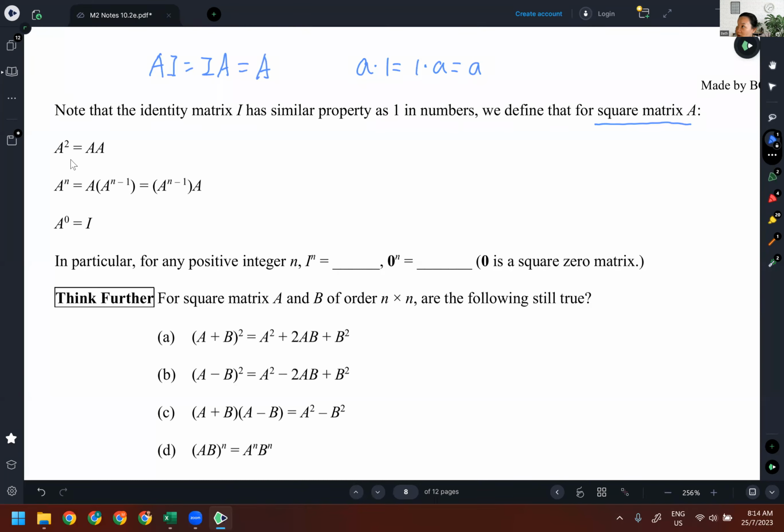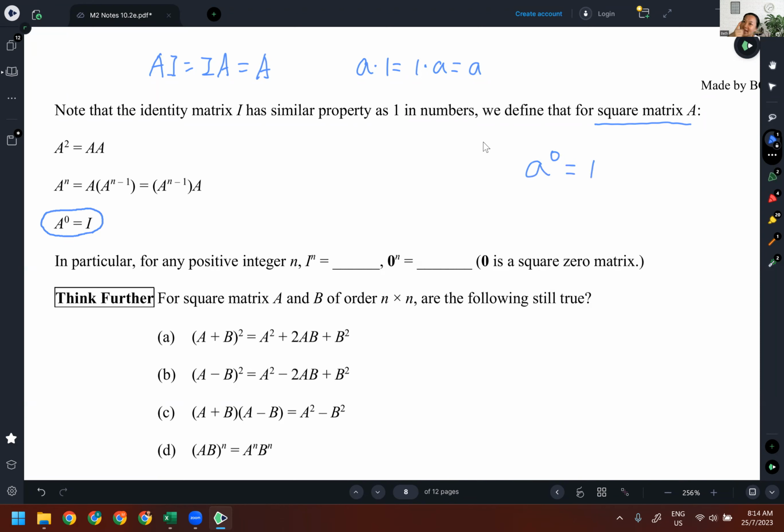That's the power of a square matrix. And also we have this definition: A to the power 0 is I. It's just for convenience. Is that okay? Because in numbers, we have A to the power 0 equals 1. Here we have A to the power 0 equals I.